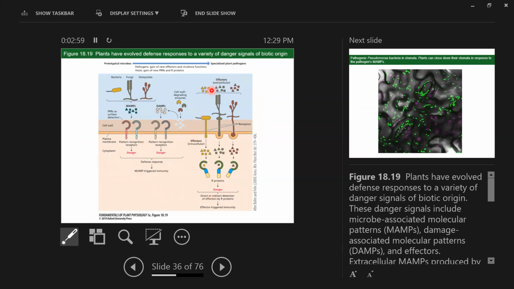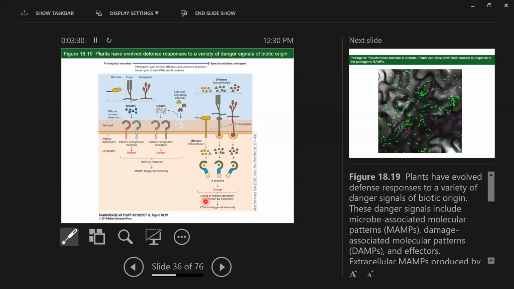With the effector, that means that there's something coming into the cell. Often it's a toxin that they inject into the cell. And then you have these R proteins that are swarming around in the cytoplasm that are trying to defend against that. As soon as they dock with the effector, whatever that's coming from the pathogen, that's going to trigger their effector triggered immunity. So it's kind of a 1-2 punch.